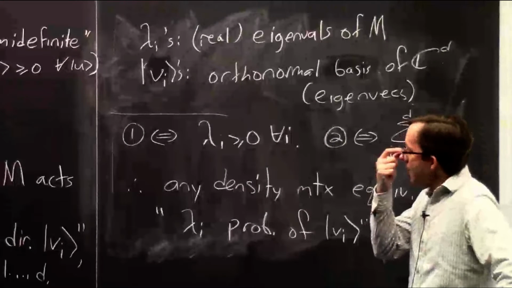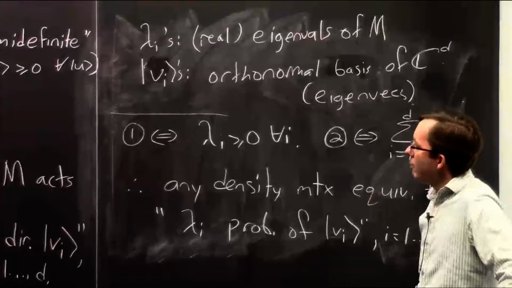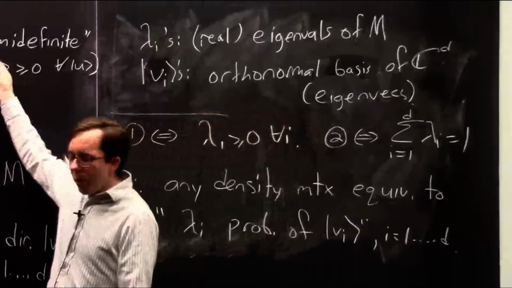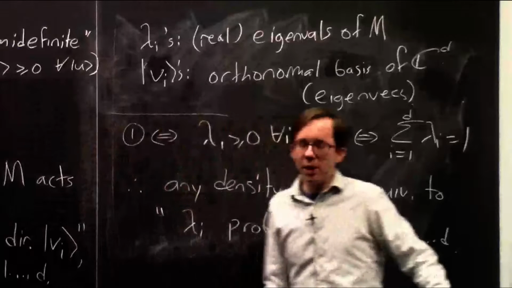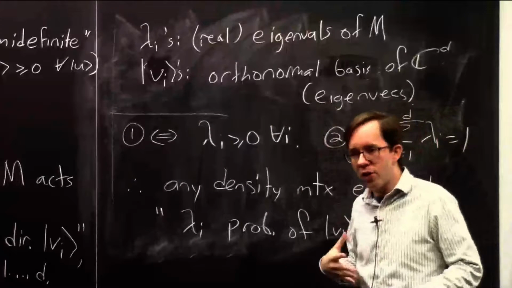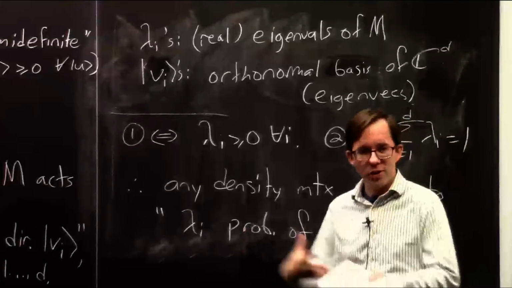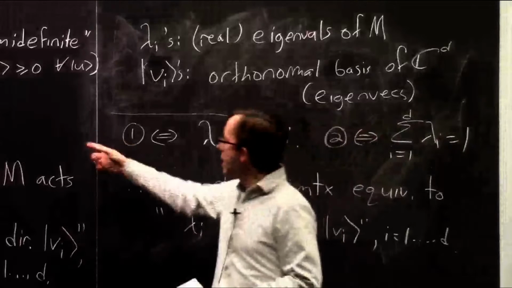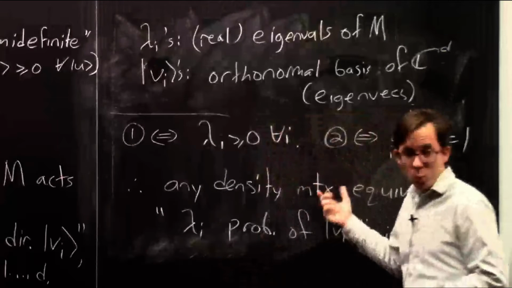And we argued last time it's not hard to see that for any Hermitian matrix, the condition of it being a positive semi-definite matrix is equivalent to all these eigenvalues being non-negative. So all these stretches are non-reflections, or positive stretches. And the condition that the trace is 1 is equivalent to these eigenvalues adding up to 1.